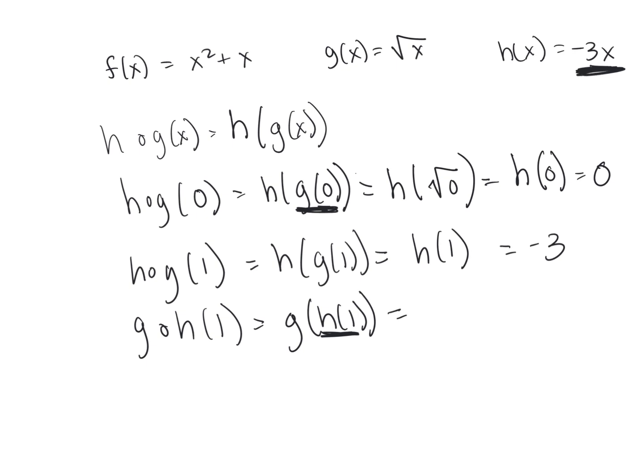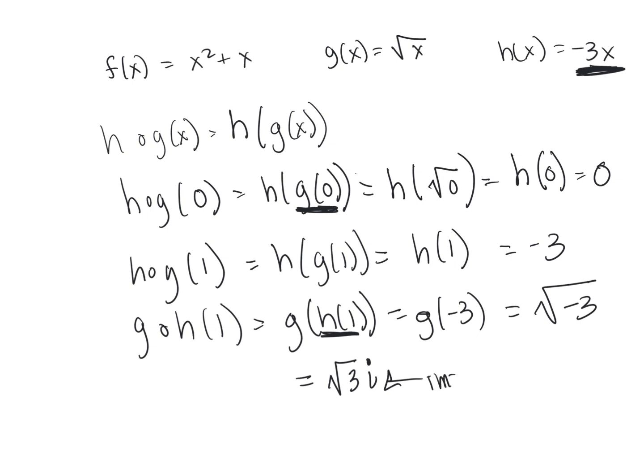That's negative 3. All right. G of negative 3 is the square root of negative 3. That's undefined or imaginary. So it's not a real number. It's the square root of 3i. Imaginary number, not real.